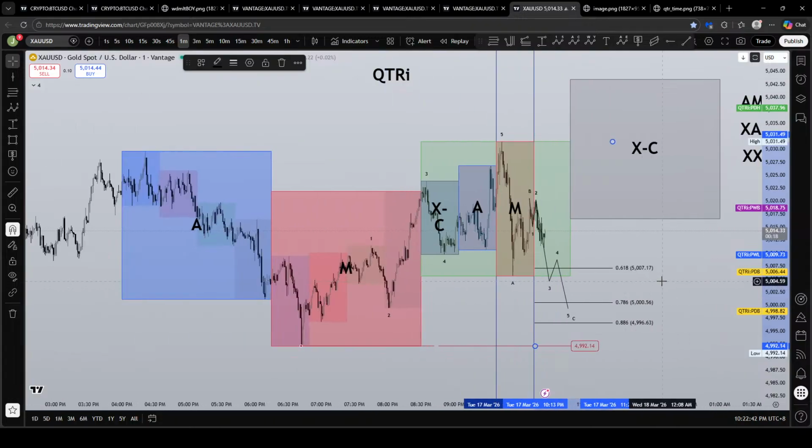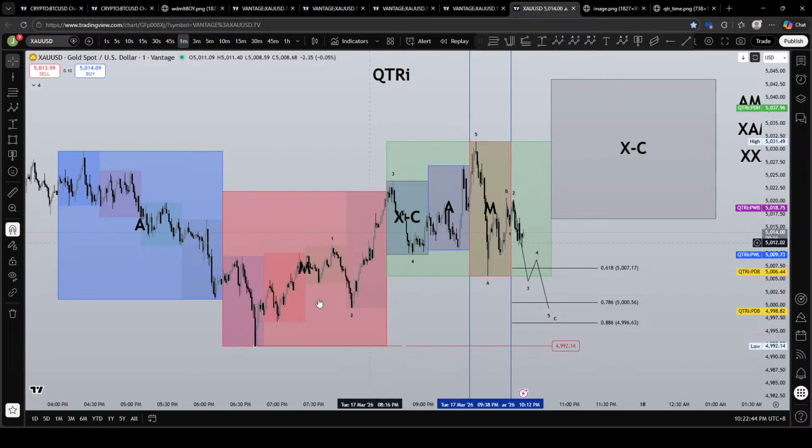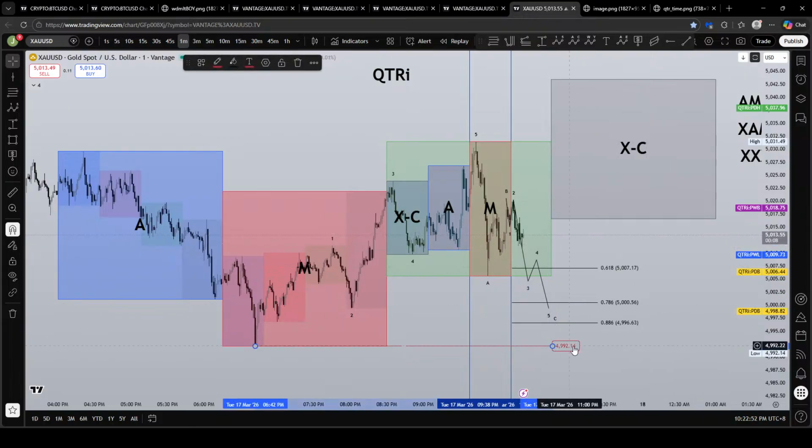Okay, so if this will be the possible Elliott wave for this one, then we may expect a possible reversal here. Please take note that this will be your invalidation for a possible AMDXC.